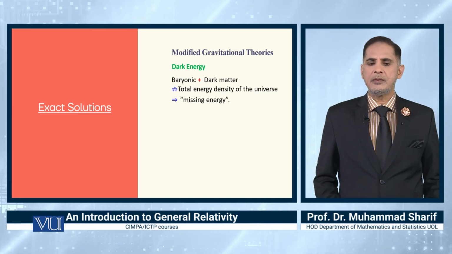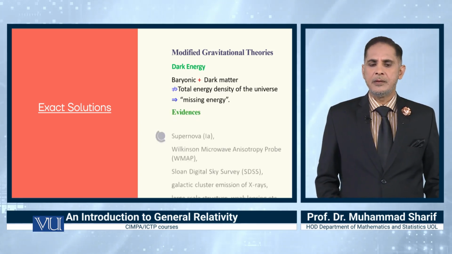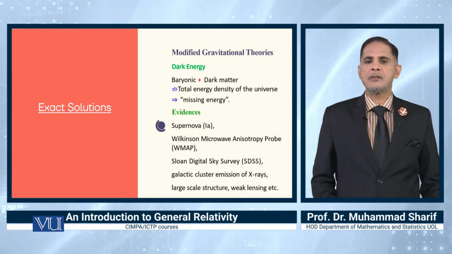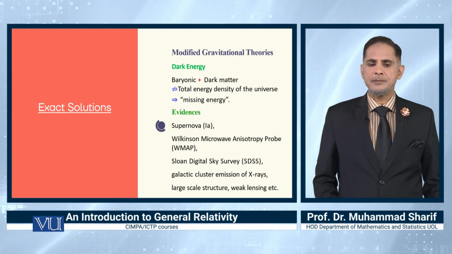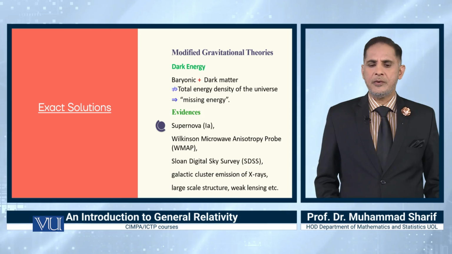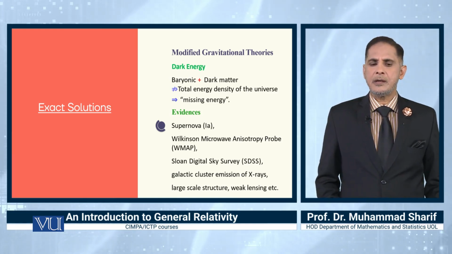This means there is something which is missing, and this missing energy is called dark energy. There are many observations or evidences which indicate the existence of this mysterious part, like supernova, WMAP, SDSS, galactic cluster emission of X-rays, large scale structures, weak lensing, etc.